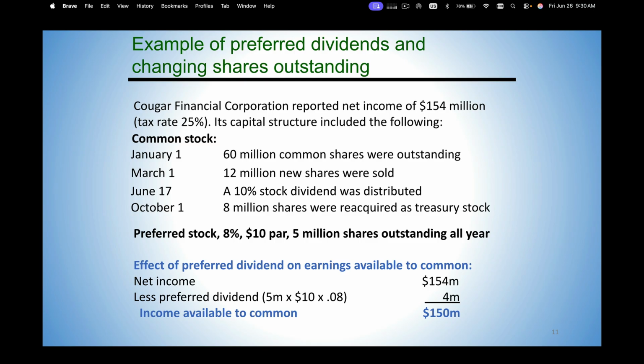Okay, here's an example of preferred dividends and changing shares outstanding. So here we see a company called Cougar Financial Corporation, which reported net income of 154 million. Its capital structure included the following.